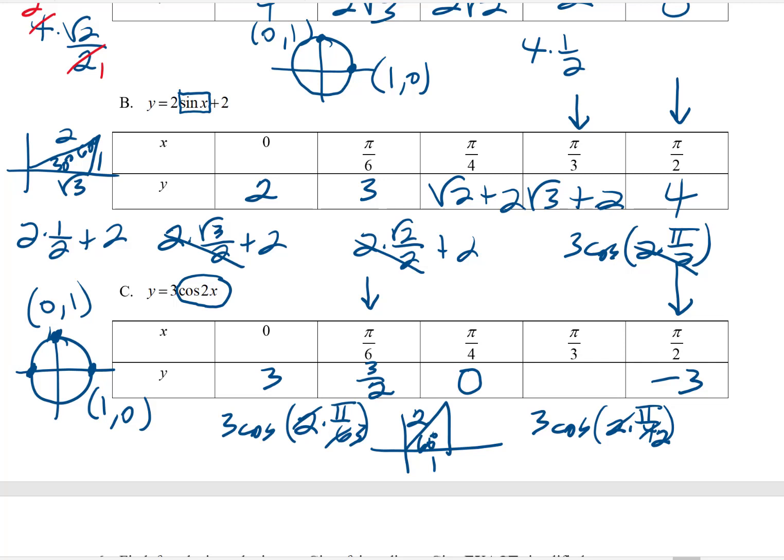Lastly, I have pi over 3, so 3 cosine of 2 times pi over 3. 2 times pi over 3 is 2 pi over 3. So I'm going to have to figure out that answer. Let's draw a picture. 2 pi over 3, that is 120 degrees, so over here in the second quadrant. That means my reference angle is 60 degrees.